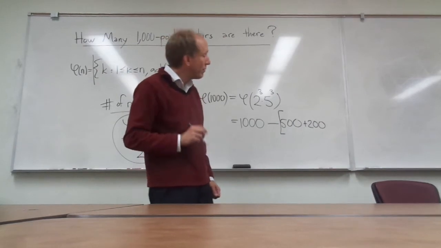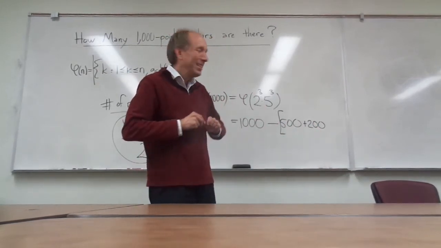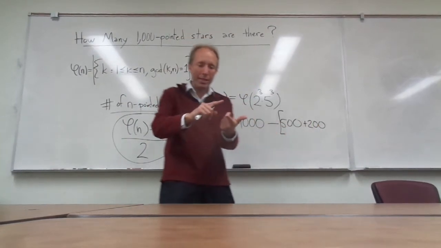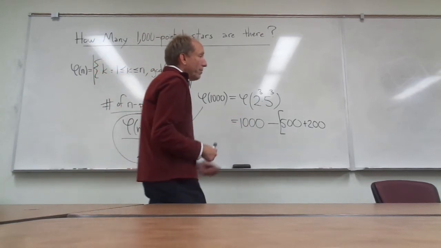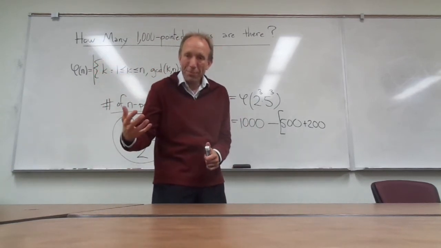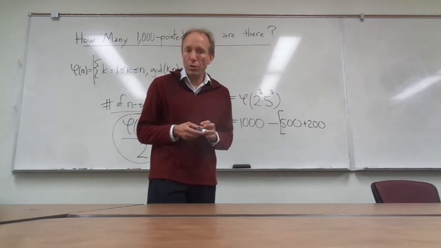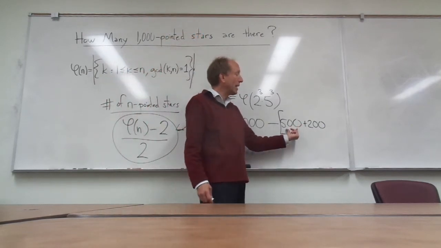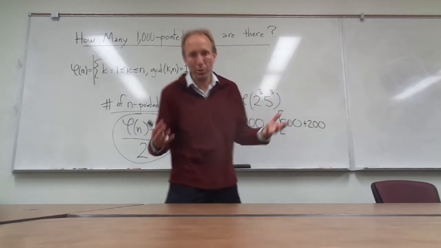It turns out, though, we've inadvertently taken out some numbers twice. We've taken out the even numbers and the multiples of 5. But if a number is even and a multiple of 5, then it's a multiple of 10. Any number that is a multiple of 10 was taken out here because it's even, and it was taken out here because it's also a multiple of 5.